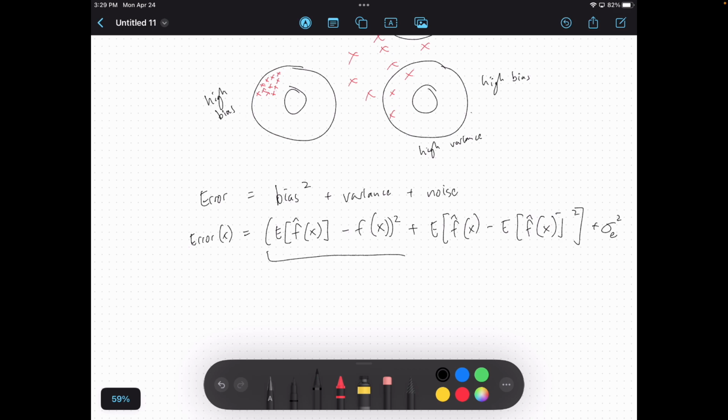So this term is known as bias squared. This term is variance, and this is our noise.